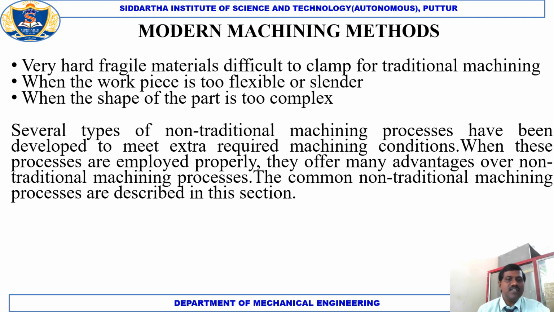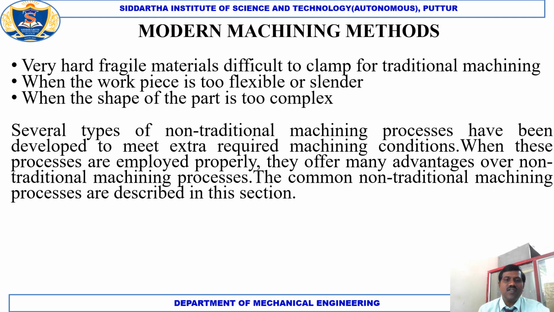When the shape of the part is too complex, suppose if you want to manufacture any component and the component is very complex in shape, then those complex shapes are not easy to manufacture by means of the traditional machining methods. In that condition, we can manufacture those components easily by means of modern machining methods.